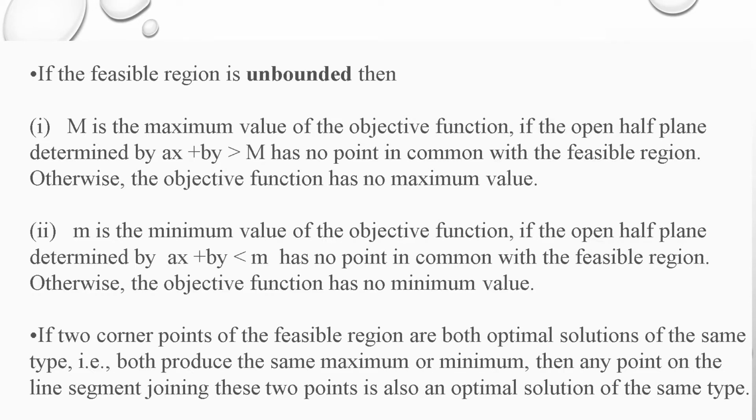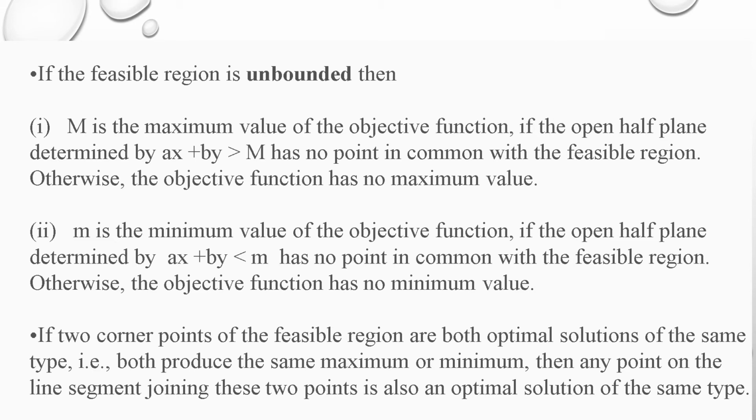And if the feasible region is unbounded, then capital M is the maximum value of the objective function if the open half plane determined by ax + by > M has no point in common with the feasible region. What is this ax + by? This is Z. You have to check ax + by greater than M, the maximum value obtained.